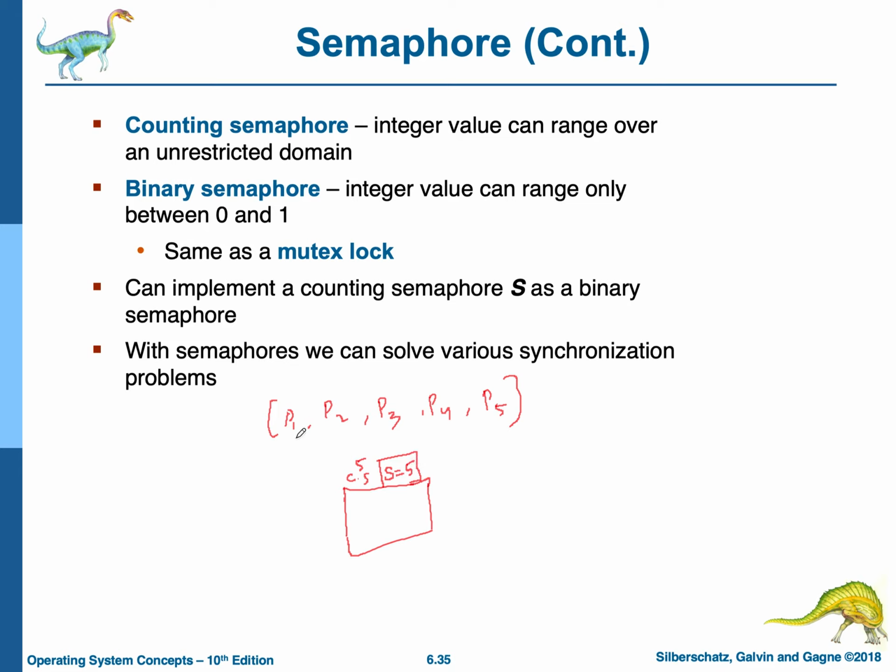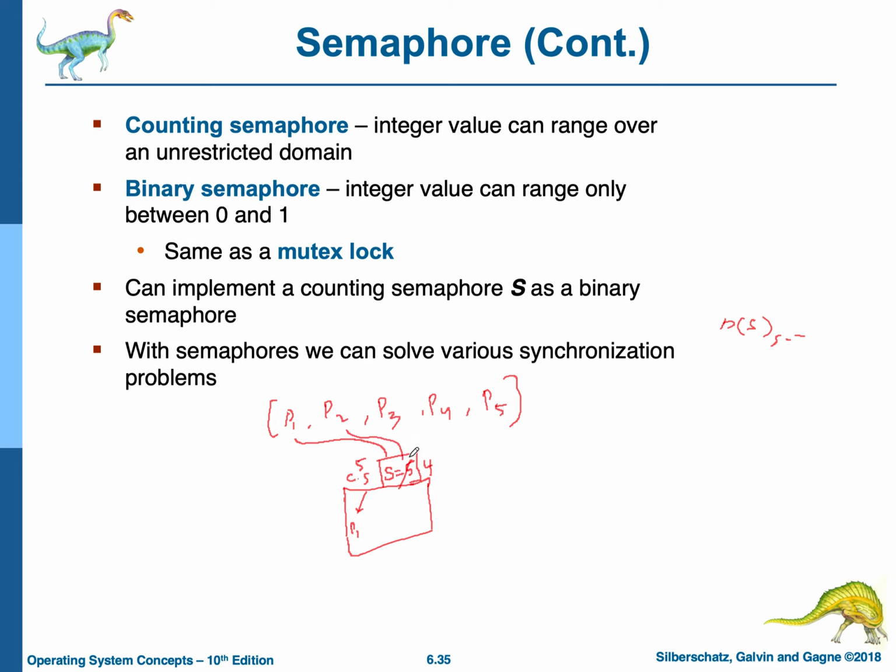Now for example, if P1 comes here, as we see that this is not 0, we permit P1 to enter into the critical section, and we apply P of S here, which means we decrement S. This will become 4.